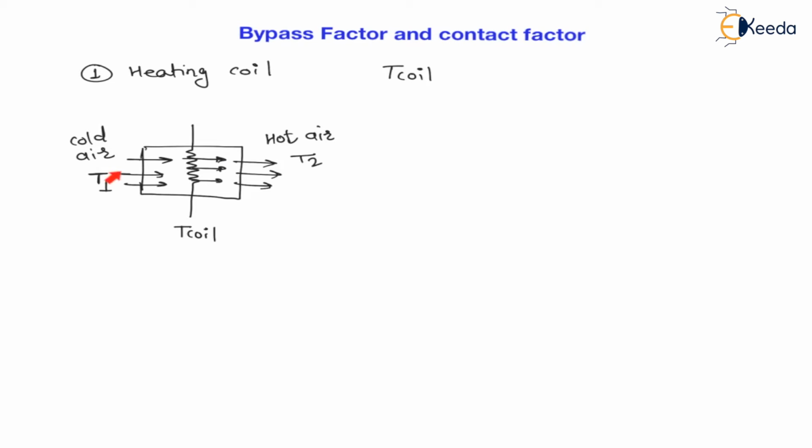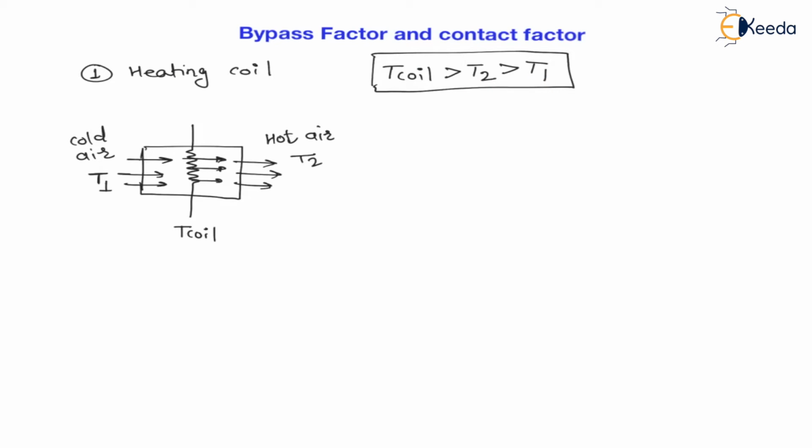Then whenever air is passing over the coil, the temperature of air will increase and becomes T2. But this T2 is less than temperature of coil, because of convective resistance and radiation resistance, and the cold temperature is the minimum temperature, that is T1 is minimum. Therefore this is the relation between temperatures: temperature of coil is more than T2, which is more than T1.